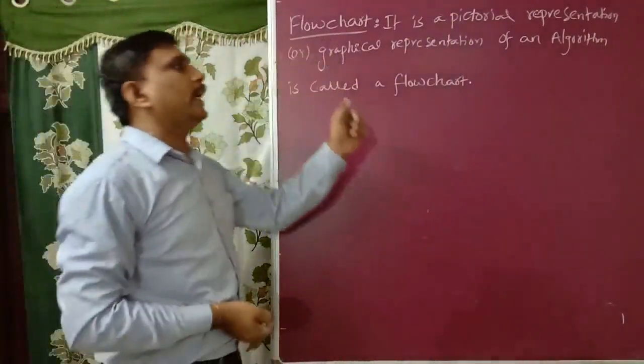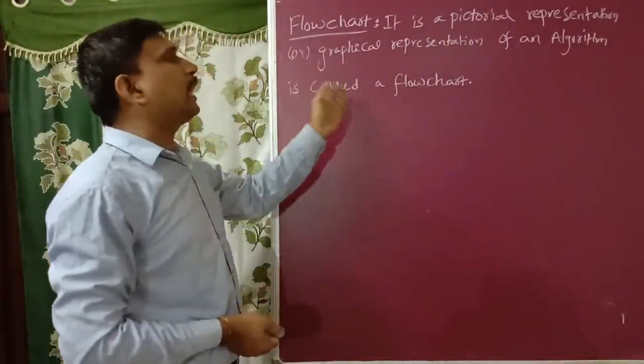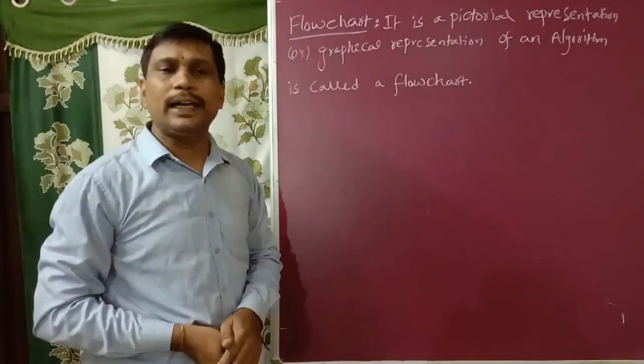A flowchart is a pictorial or graphical representation of an algorithm. So, what is meant by flowchart? A pictorial or graphical representation of an algorithm is called a flowchart.